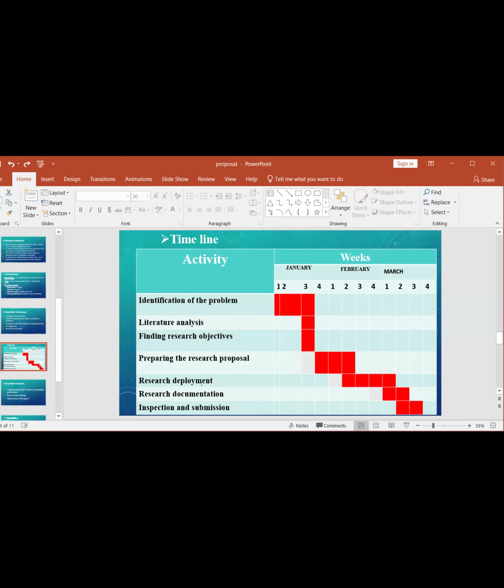So in February, the second week, I did the deployment of the research. Then in March, the first and second weeks, research documentation, and I try to do inspection and submission in the second and third weeks.